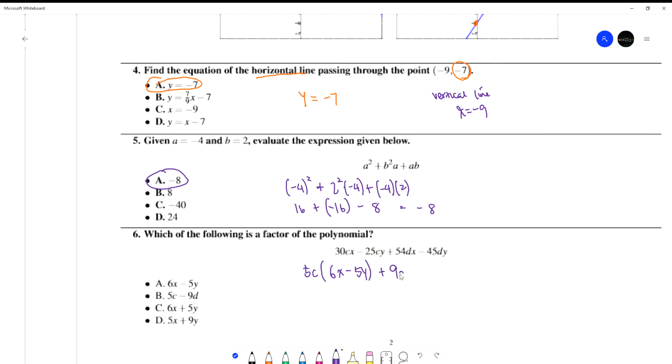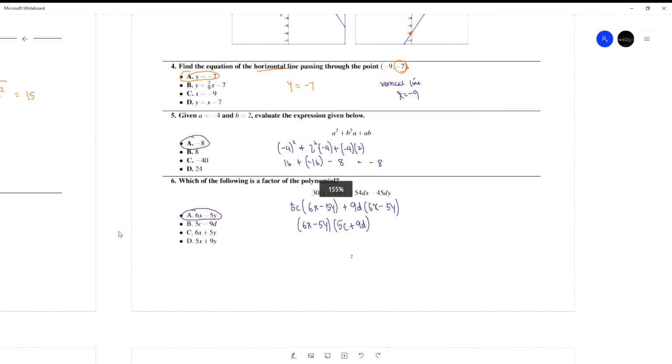So plus 9d, and I have 6x minus 5y. So the common binomial factor I see is the 6x minus 5y, and the other is the 5c plus 9d. Now, if you look at the answer choices, I don't see a 5c plus 9d, but I do see a 6x minus 5y there.